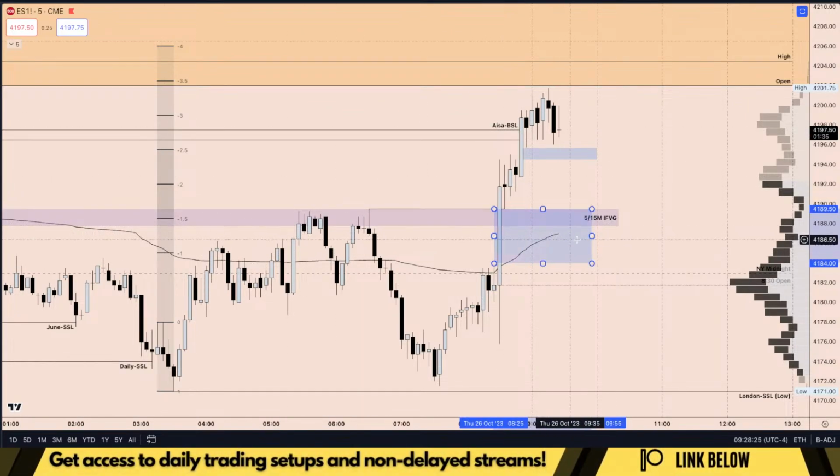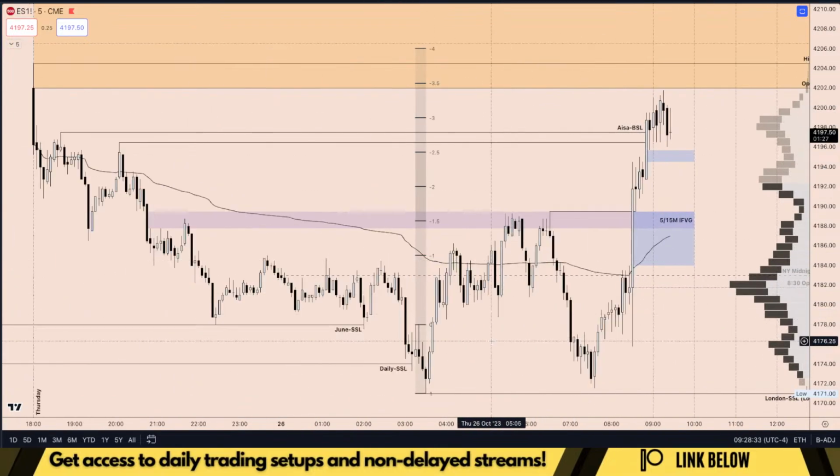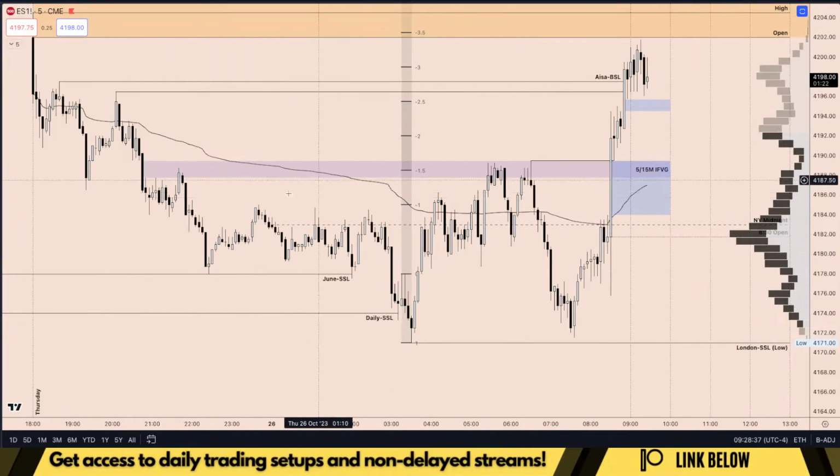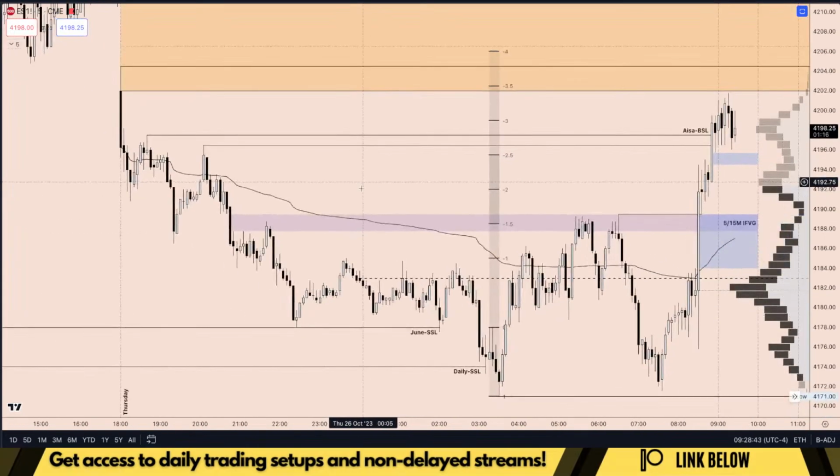And really, this 5-15-minute inversion fair value gap, retesting the VWAP, sort of coming back to my baseline. I always use the VWAP as my baseline throughout the day. Always works well if we are away from it. Eventually, we always gravitate back to it.